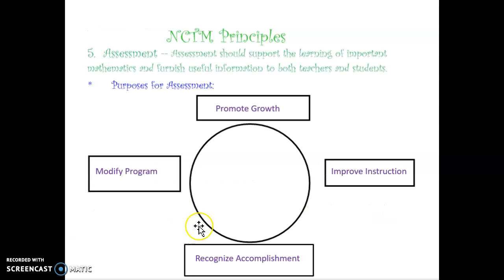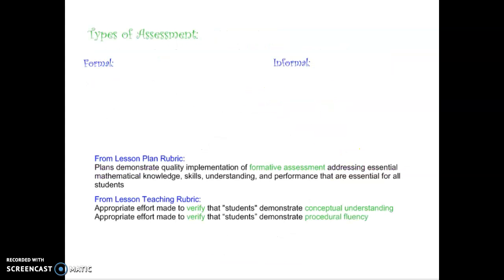Part of the purpose of assessment is promoting growth in your students and improving your own instruction. So as you are doing that informal assessment, if you notice that none of your students really understood what you said about exponents, then you need to go back and talk about it again before you get to the formal assessment.